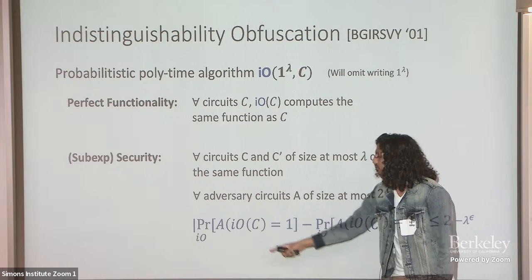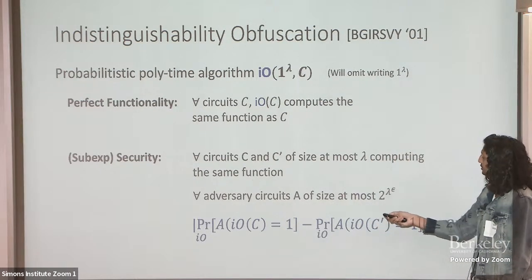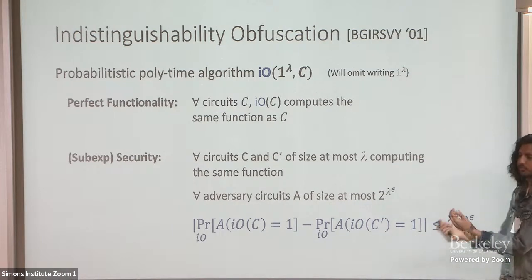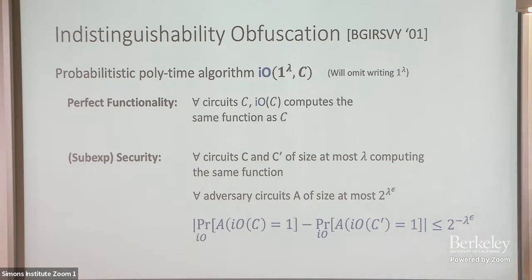After you've obfuscated, no adversary circuit of size 2 to the lambda to the epsilon is able to tell the difference between whether you obfuscated the first circuit or the second circuit, except with extremely small probability.